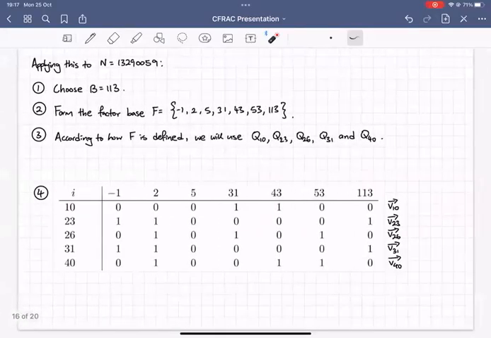Okay, example. Let's put this into application. Same integer. I picked B equals 113, and this is my factor base. All of these are primes. So according to how F is defined, we will use these Qs. If I go back, say 41. 41's not in here.